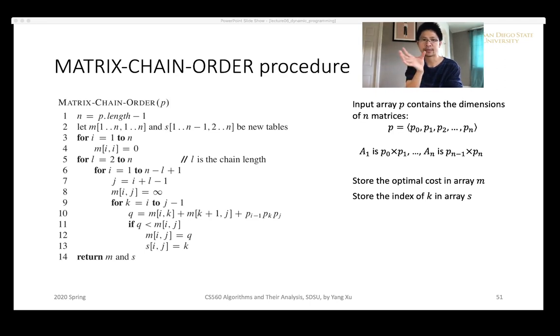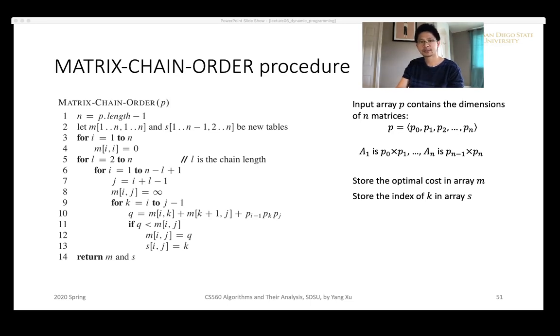If the subproblem starts from I and ends with I, it's basically just one matrix, so there's no need to solve it. The number of scalar multiplications is 0 for all the cases here.